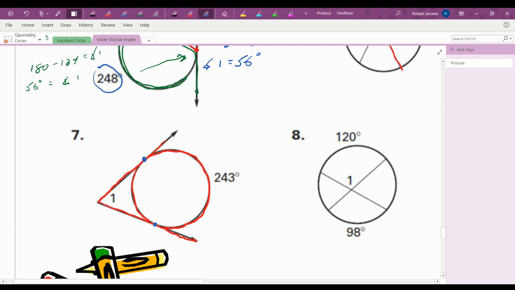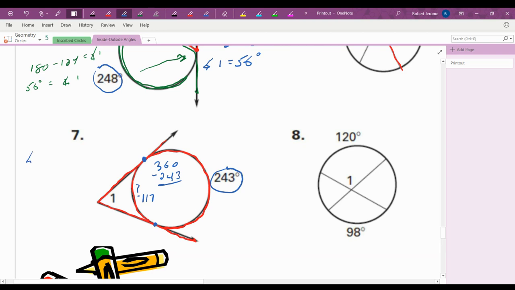Now look how we broke up the red circle. This arc is 243, but we weren't given that arc. Well, we're good enough. We know that the whole circle is 360. The big arc there is 243. So real quick, we're going to subtract that, and we're going to get 117 for that little arc.